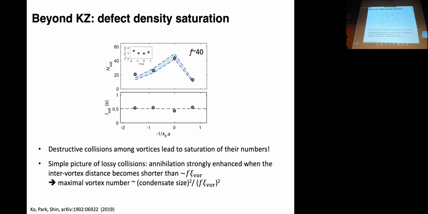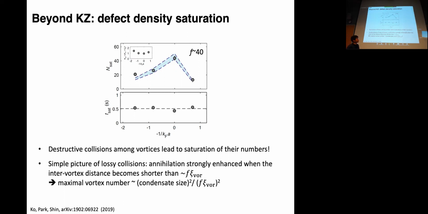And if you set up a simple model of these lossy collisions, where you assume that the vortex annihilation is strongly enhanced when the intervortex distance becomes close to or shorter than a characteristic distance set by the vortex core size, then the maximal vortex number you can estimate is the radial condensate size squared divided by this length scale squared.